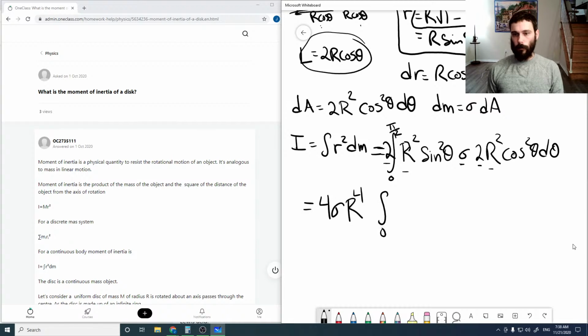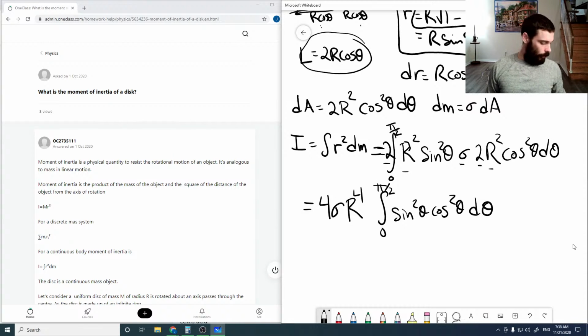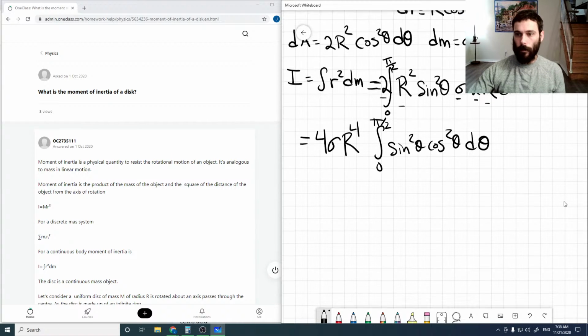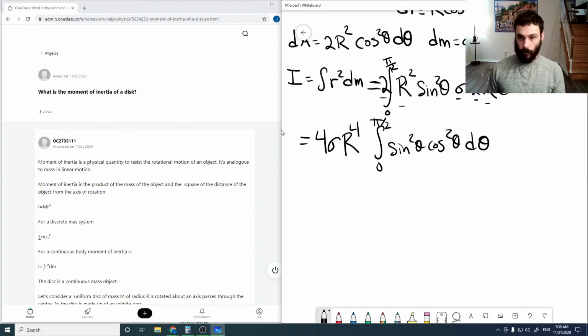And then it's an integral from 0 to pi over 2 of sine squared theta cos squared theta d theta. This integral is not easy to solve, so I ended up just looking this up. Most tables of integrals will have this.